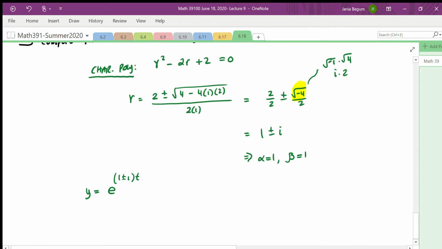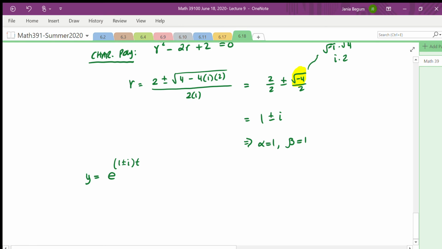And then we want to write this using Euler's identity. So we have y is equal to e to the t times cosine t plus i sine of t.